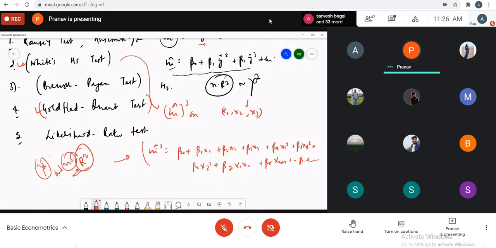White's test runs on the idea that you run an auxiliary regression, regressing squared values of residuals on different functions of the explanatory variables and also the interaction between them, and testing the joint significance of the regression.